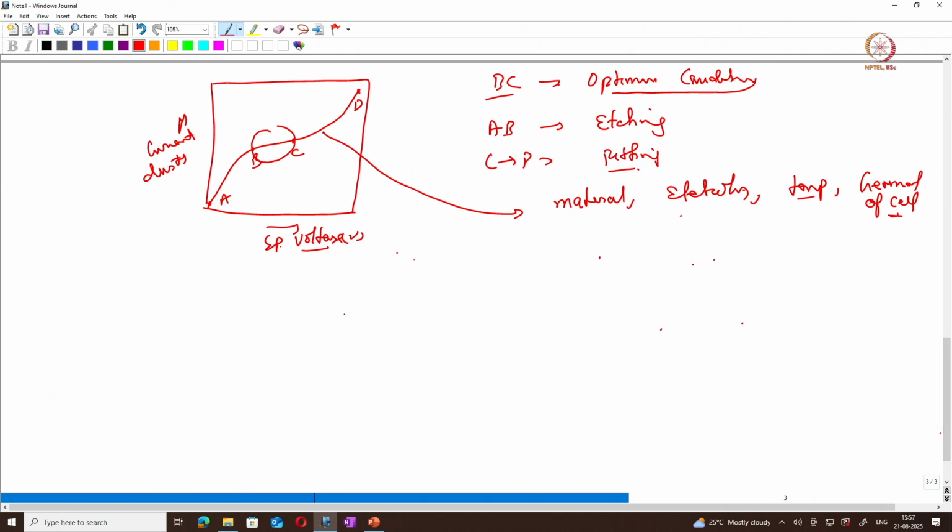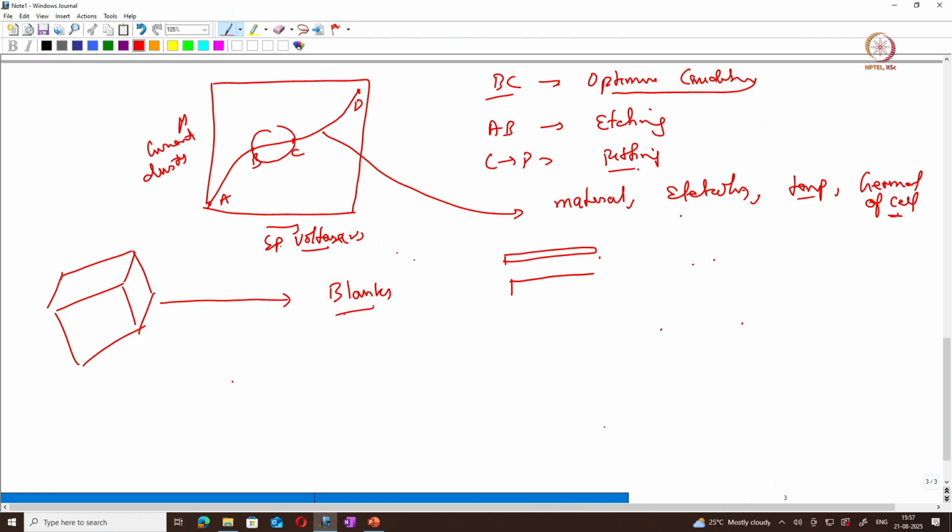Now, what are the steps to prepare for electropolishing? The first is, if you have a bulk material of larger dimension, this bulk material has to be converted to blanks. Blanks means these are very small rectangular slabs with a length of a few centimeters.